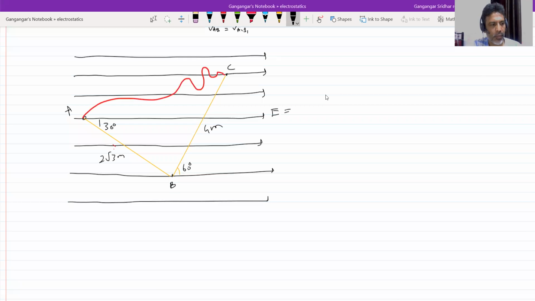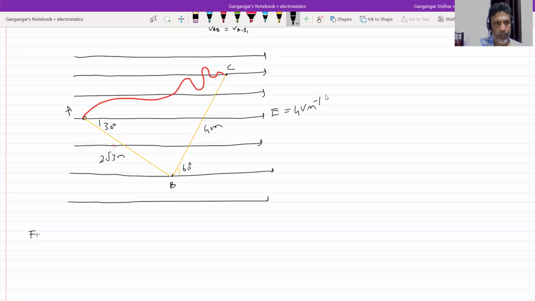The magnitude of electric field is 4 volt per meter. I think all the distances are given. What we have to calculate is the potential difference VAB.